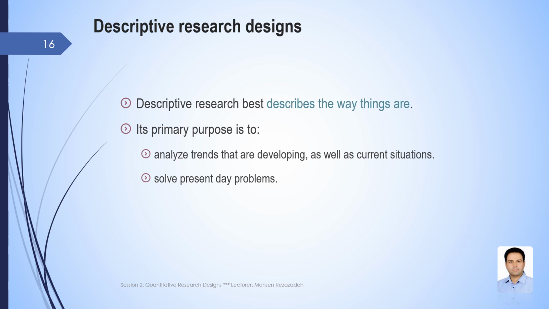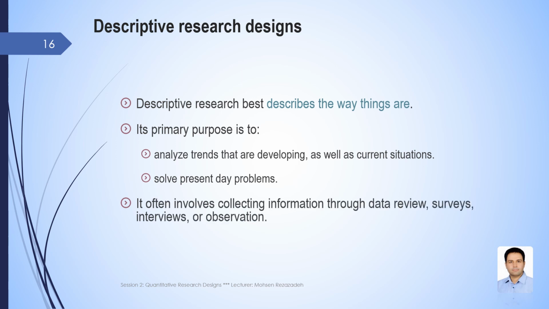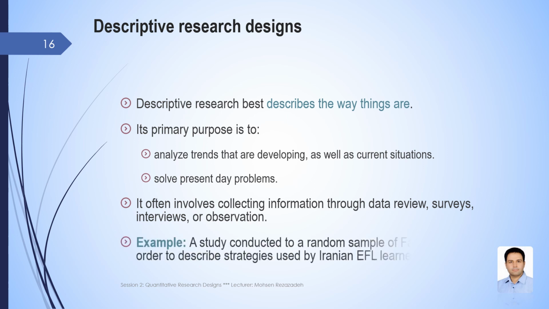It often involves collecting information through data reviews, surveys, interviews, and observations. For example, a study conducted on a random sample of Farsi EFL learners in order to describe strategies used by Iranian EFL learners.